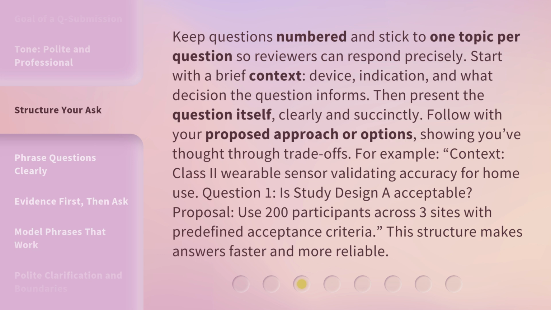For example, context: Class 2 wearable sensor validating accuracy for home use. Question 1: Is study design A acceptable? Proposal: Use 200 participants across 3 sites with predefined acceptance criteria. This structure makes answers faster and more reliable.